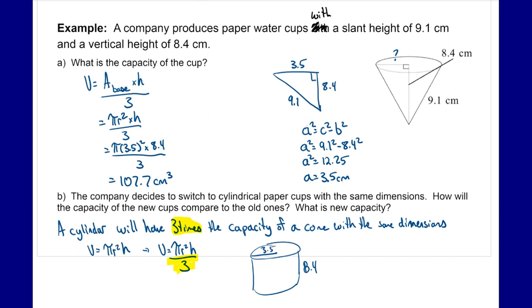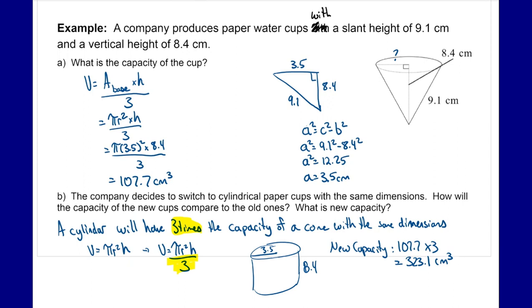I could go and calculate it, but I have all the information in the formula. So in this case, the new capacity would just be 107.7 times 3. We get 323.1 centimeters cubed.